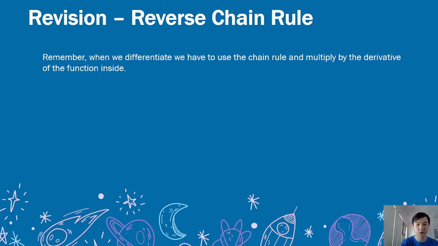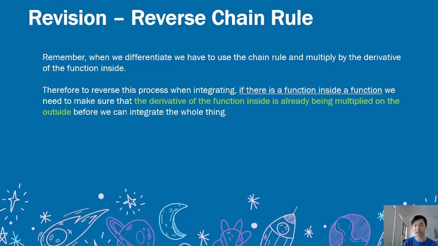So basically, if you have a function and we've got a function inside, when you differentiate this, not only do you differentiate the outside like normal, but because it's a function inside, you also need to multiply with the derivative of the thing inside. So this is the normal chain rule. That's what happens when you differentiate. But remember that integration is the opposite of differentiation, and it basically reverses what we've done with differentiation.